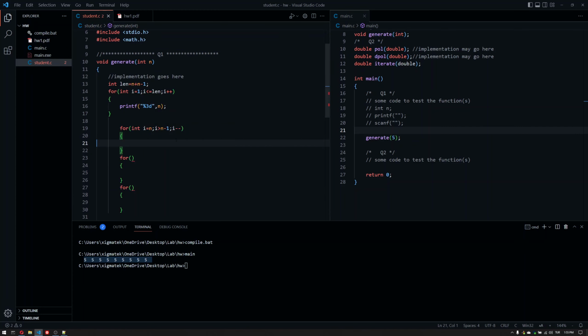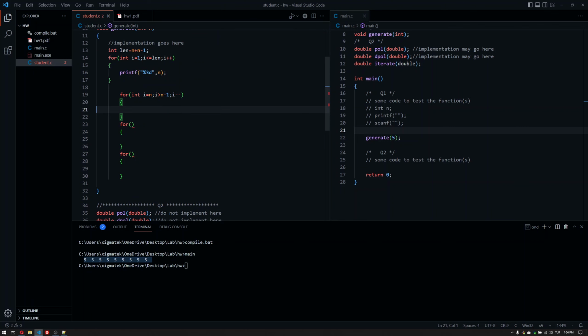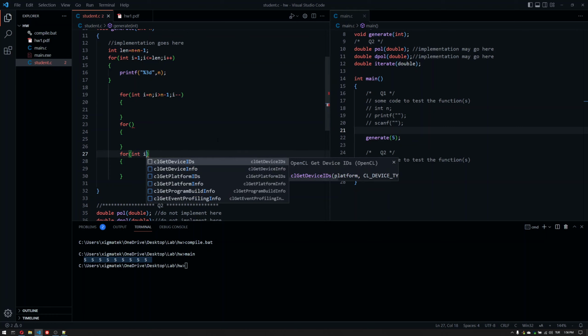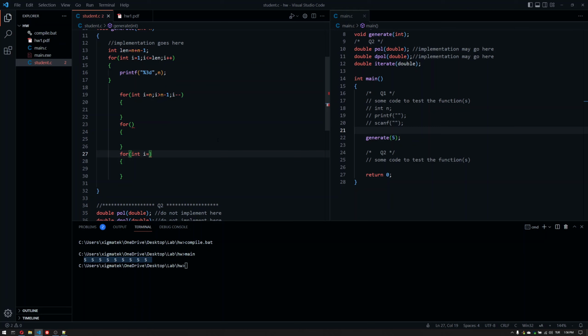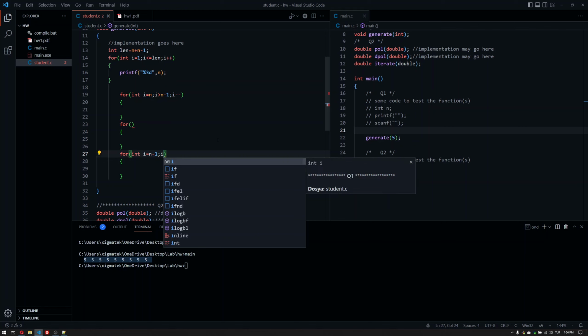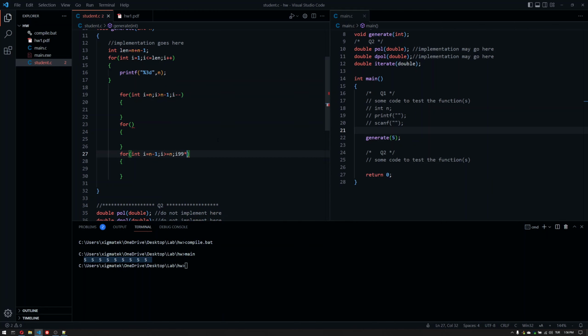What else? Well, if I have this, I'll also have the inverse of this. So int i equals, I guess, n minus 1, and then i is greater than or equal to n, and then i plus plus. So why did I write this down?